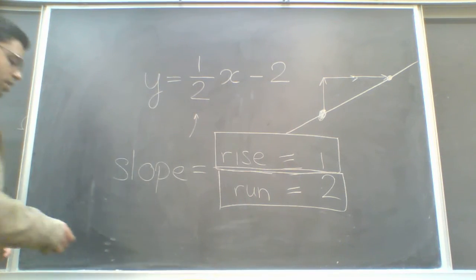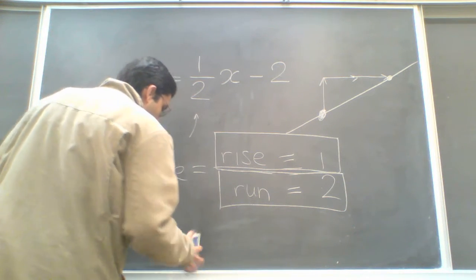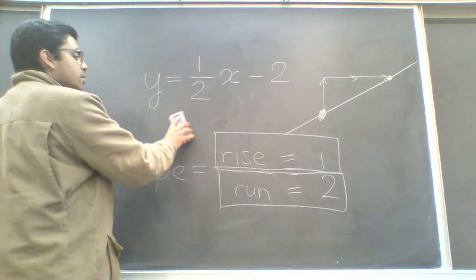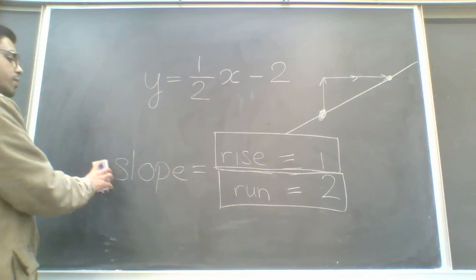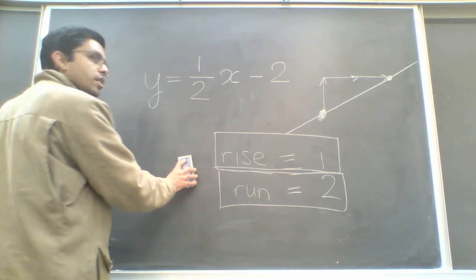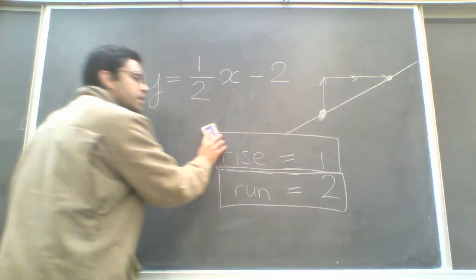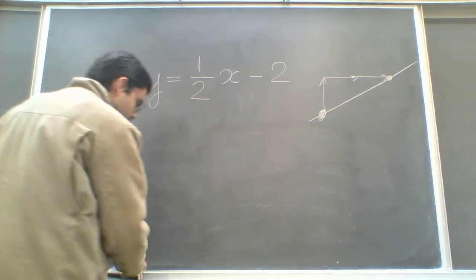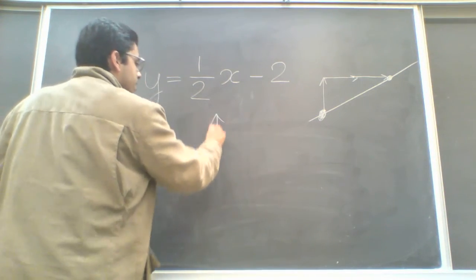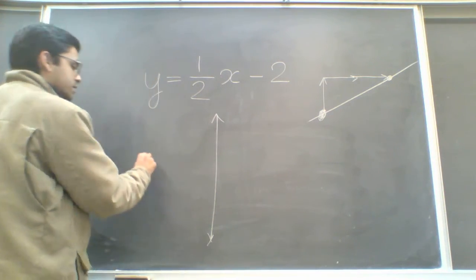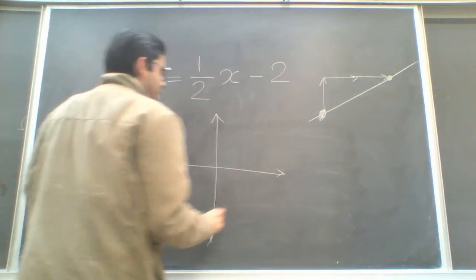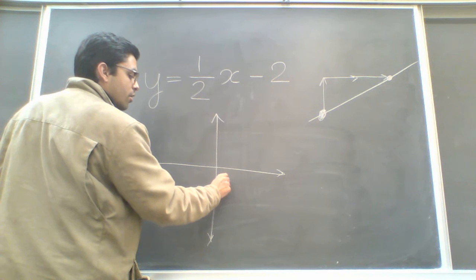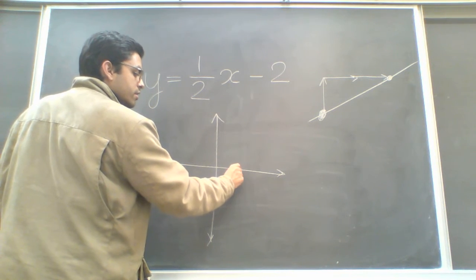Now, a question that some of you might have, though obviously I haven't heard this question yet, is this. When we were graphing the function that we just did, we had our Cartesian plane like this, and all the points were on the y-intercept or to the right of the y-intercept.